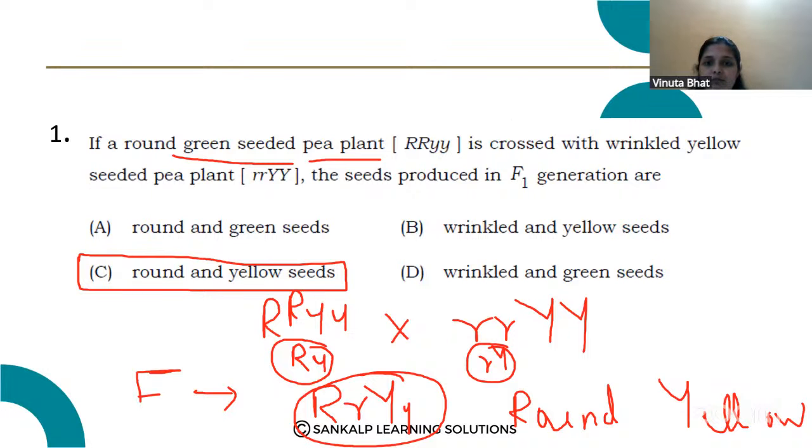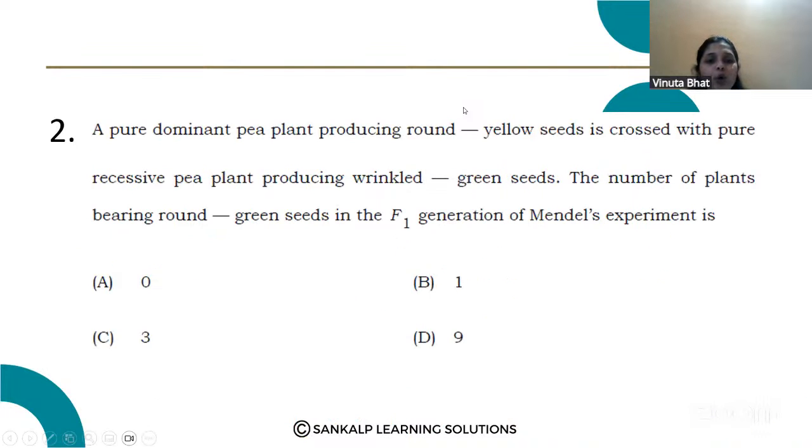Next question. A pure dominant pea plant producing round yellow seeds is crossed with a pure recessive plant producing wrinkled green seeds.